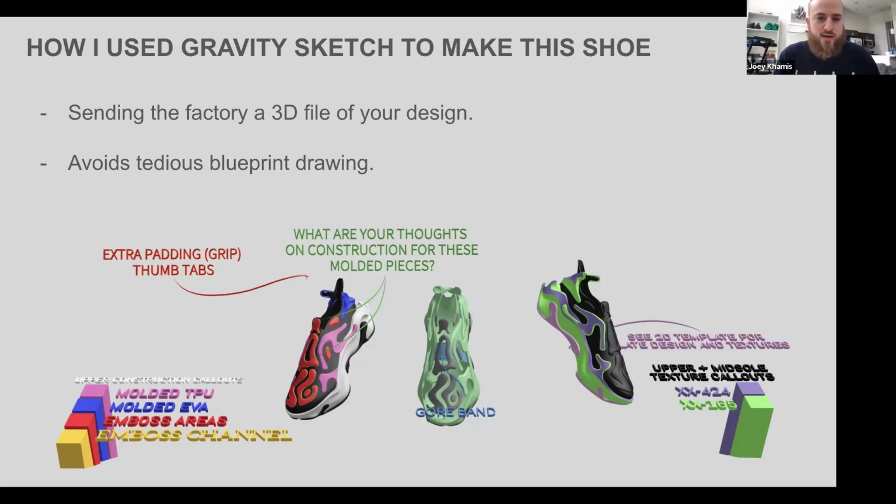We condensed all of that into one space in 3D, and the factory was able to have a more interactive experience of the tech pack and get closer up to the details of the shoe. Not only that, they had exact 3D model references as they built out their own molds, as opposed to translating those blueprint drawings we showed last time.